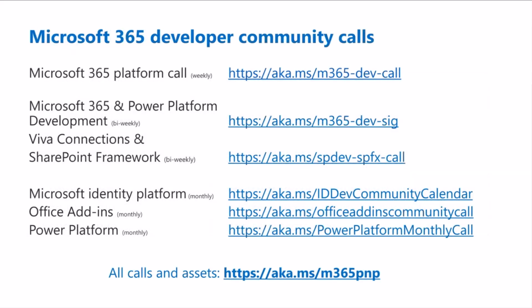And here are all the links across the M365 developer community. They have different capabilities presented in the different calls. So if you are developing solutions related to these different capabilities, please feel free to check these links and see if there are some helpful resources in that course.